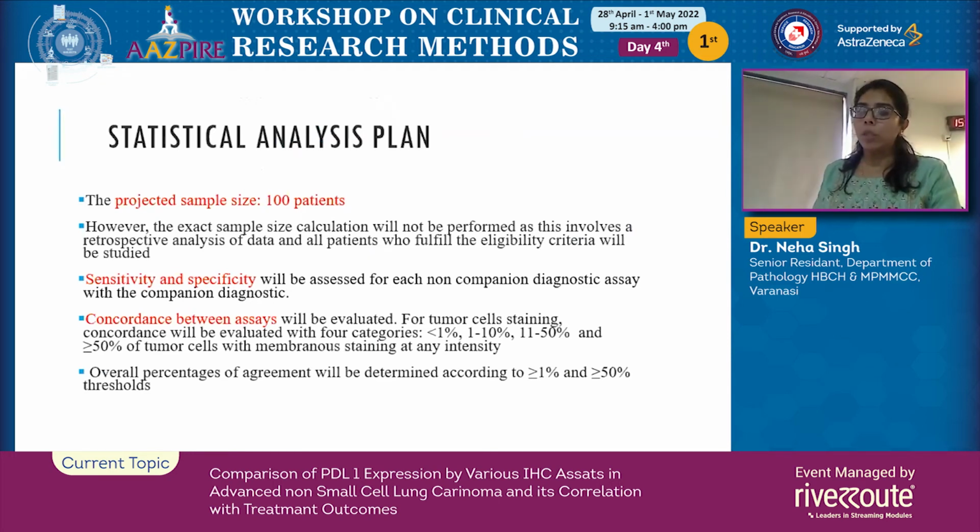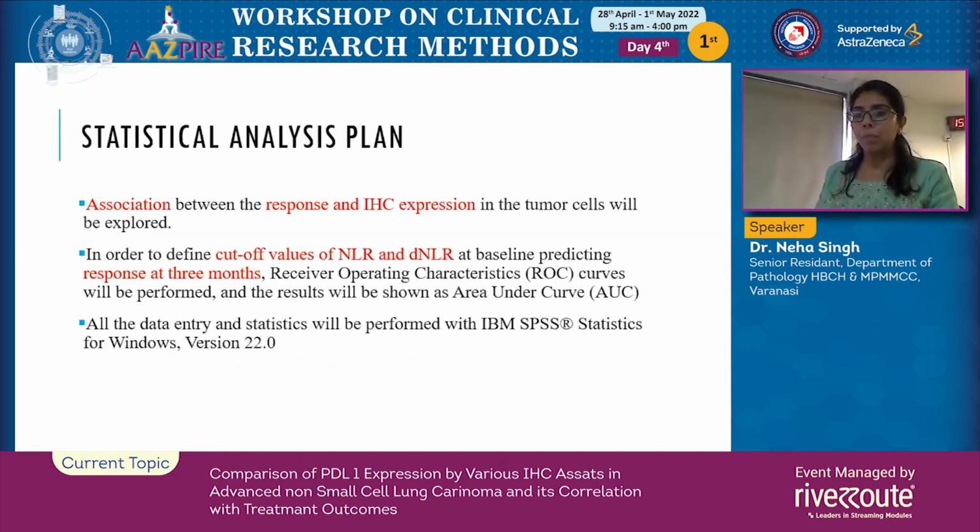The overall percentage of agreement will also be determined according to 1% cutoff and 50% cutoff. Furthermore, association between the response and percent of IHC expression in the tumor cells will also be explored. And the cutoff values for NLR and derived NLR at baseline predicting response at 3 months will be calculated using the ROC curve.